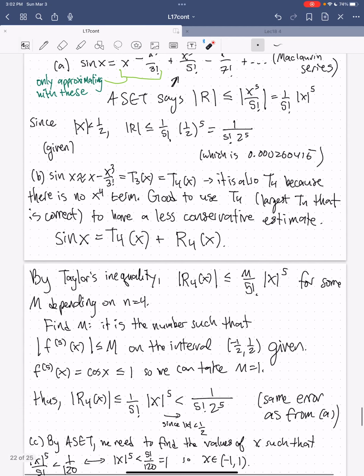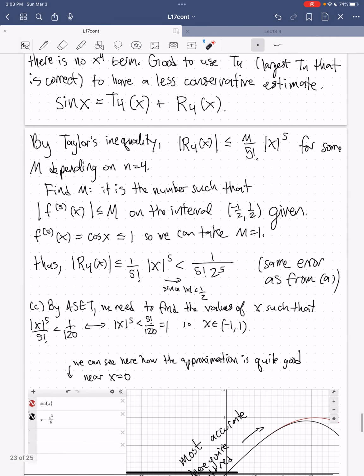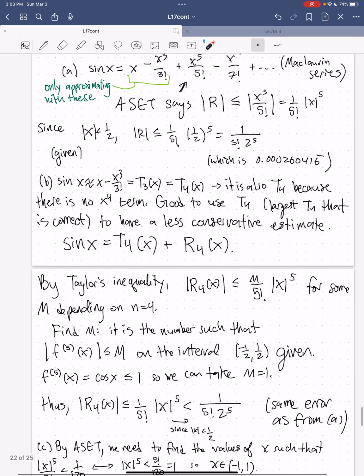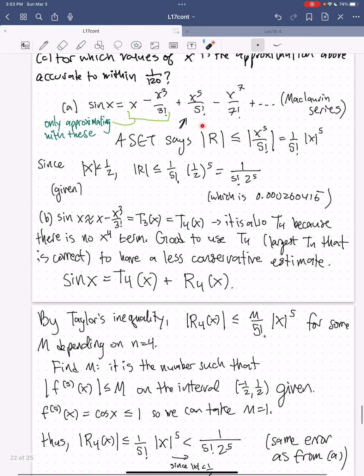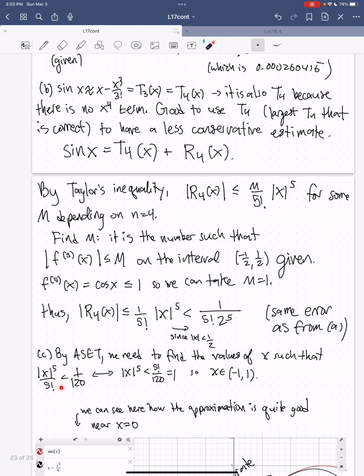What we're going to do is look at that next term that we're excluding. So that was x to the 5 over 5 factorial. And we want to see what values of x make it so that x to the 5 over 5 factorial is less than 1 over 120.